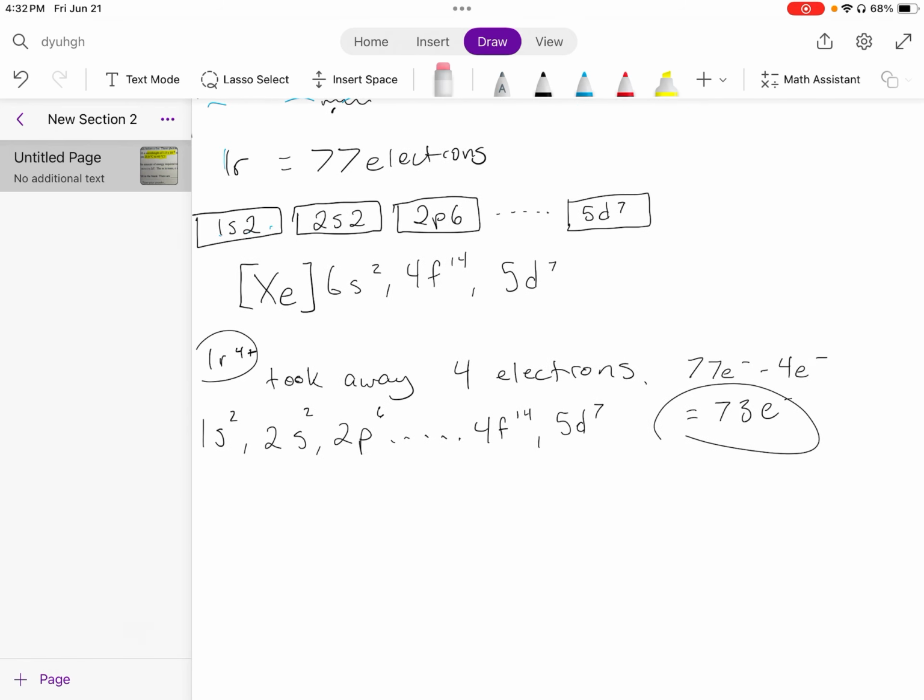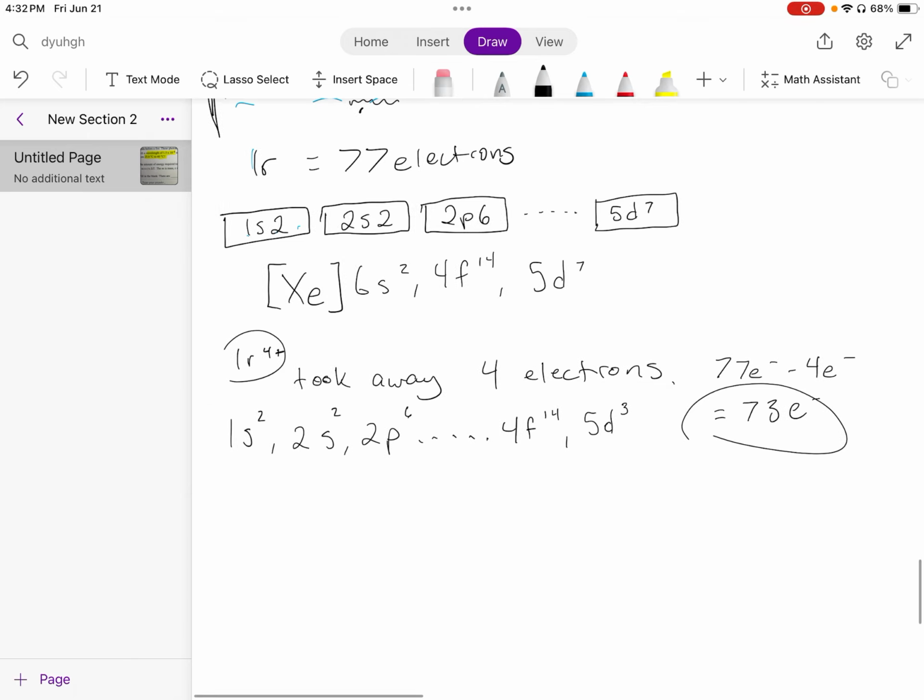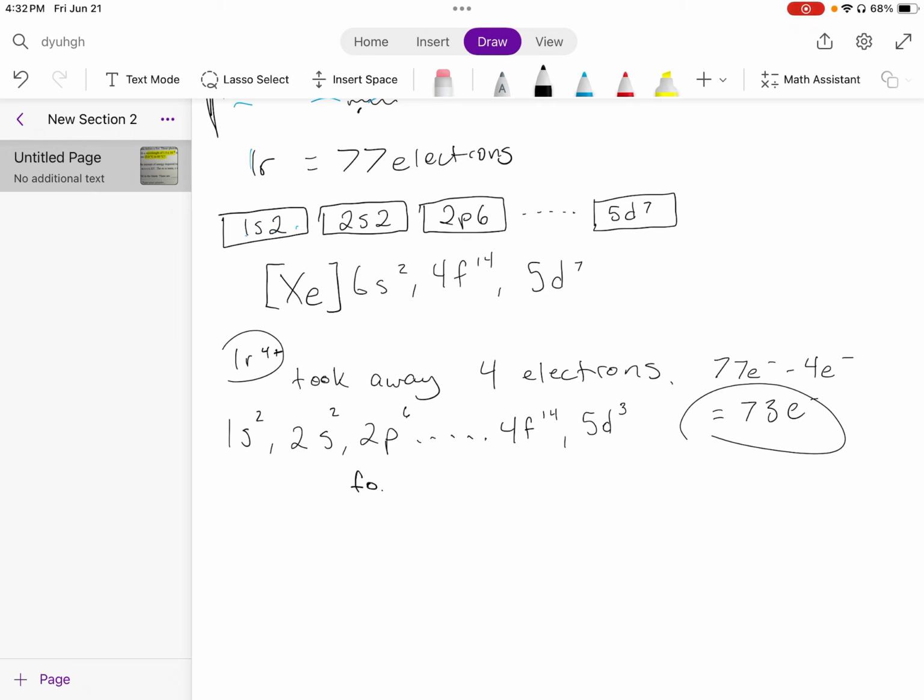But when we took away 4 electrons, we know this number is wrong because we don't have 7 on the outside anymore. 7 minus 4 would be 3 electrons there. So instead of 5d7, it would be 5d3.